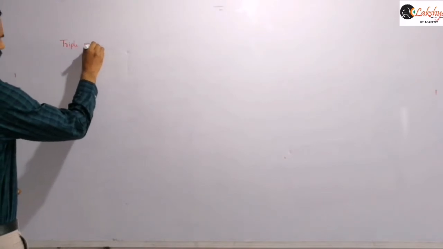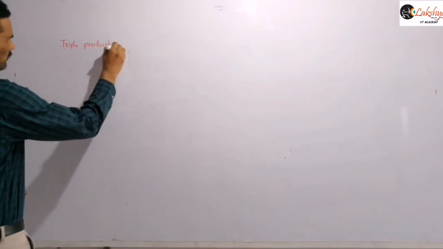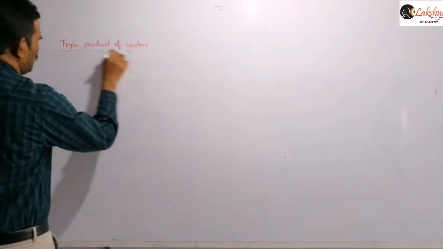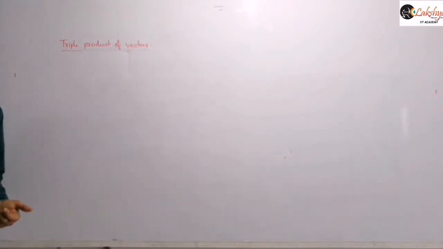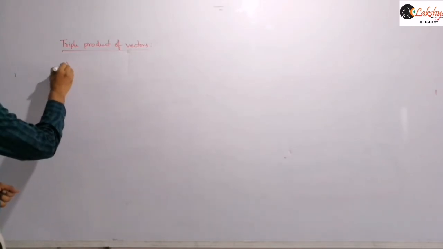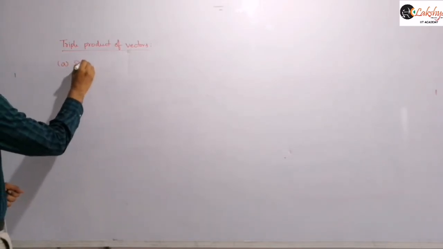So now it is the triple product of vectors. In this again two types will be there, scalar triple product and vector triple product. First I am discussing the scalar triple product.